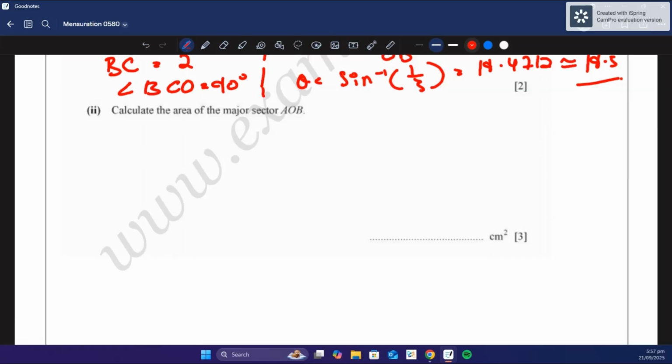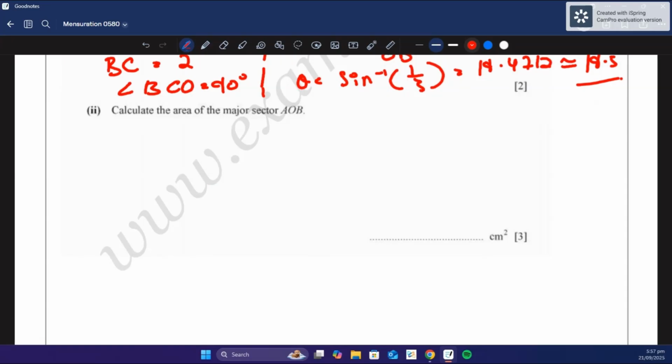Then the area of the triangle OBC would be given by 1 over 2 into 5.65 into 2, so it's 5.65, because these two got cancelled.